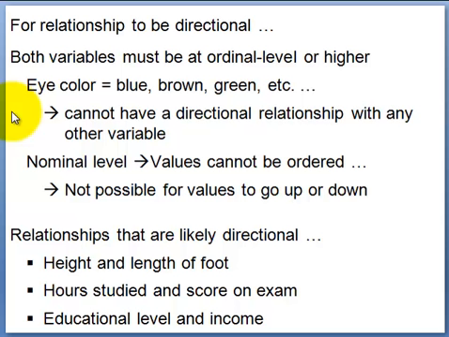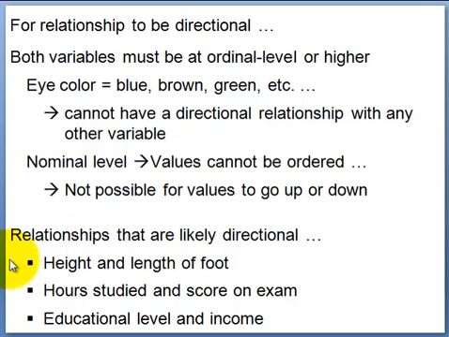That's because values of eye color can't go up and they can't go down. They can't be ordered. They can change from blue to brown to green, for instance, but there's no ordering to the values. Therefore, if one of two variables, or for that matter both, are at the nominal level of measurement, then it's impossible for those variables to have a directional relationship.